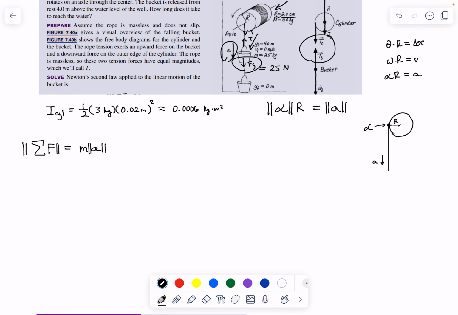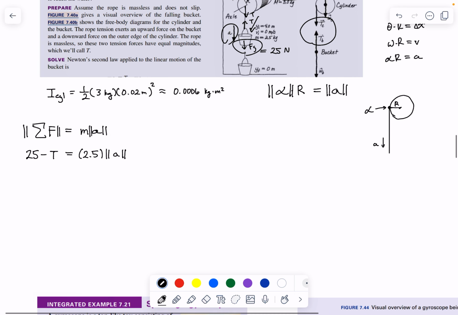Well, we know the force of gravity is bigger than tension, so I might write it as 25 minus T. We know that's going to be some positive number. M is 2.5. And then we have a, just the magnitude of the acceleration, the size of it. Okay, so that's one equation.